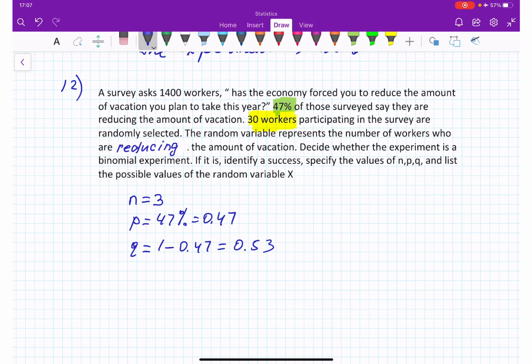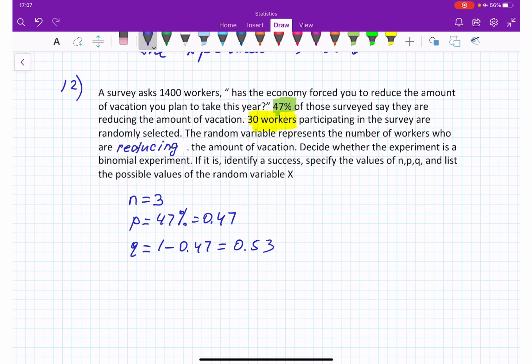And now the last thing we need to know is whether the probability is the same. It doesn't depend. One worker not planning vacation doesn't mean the other one is not planning vacation also, correct? So it's independent, and the probability of success repeats from one worker to another. And the last one, the amount of success.